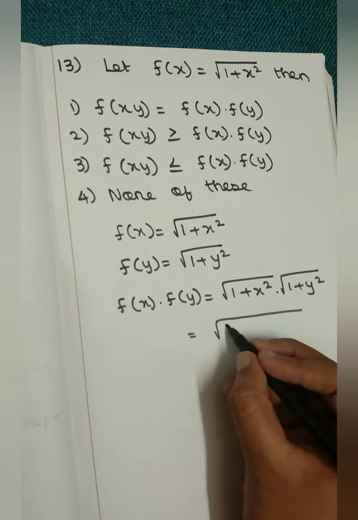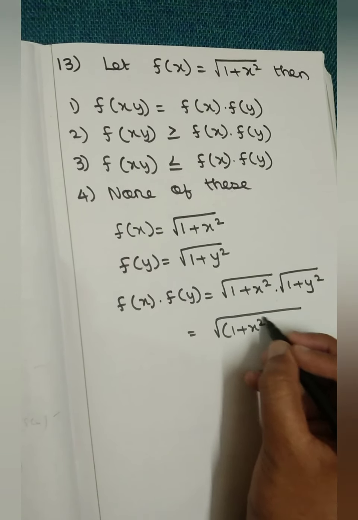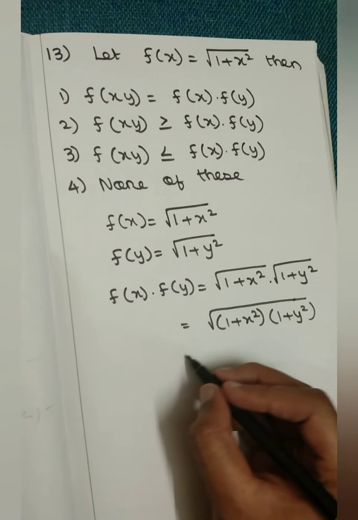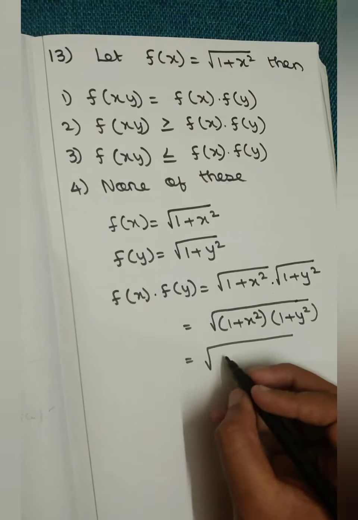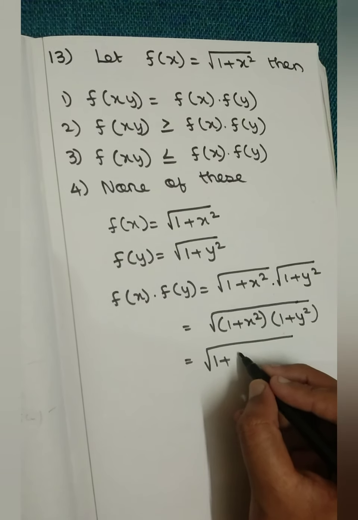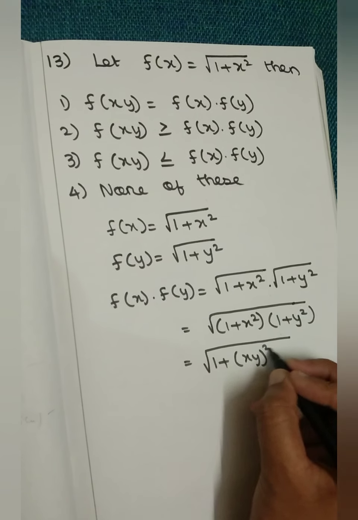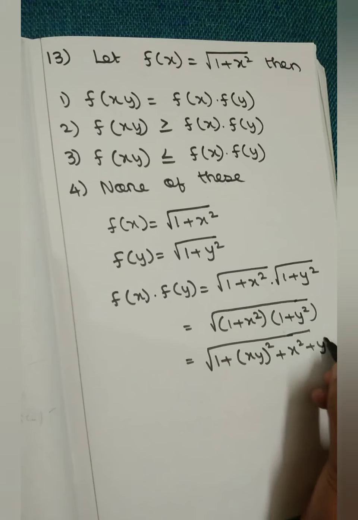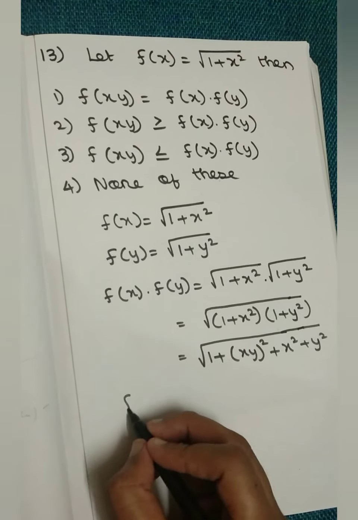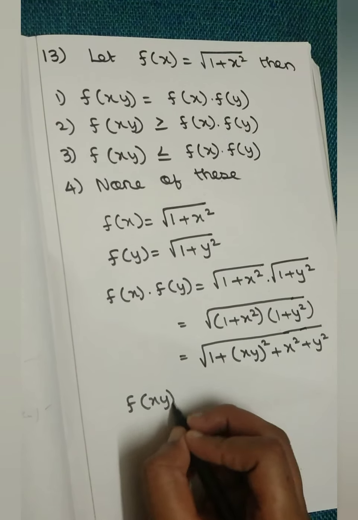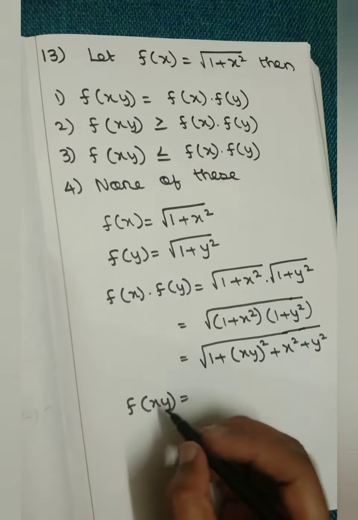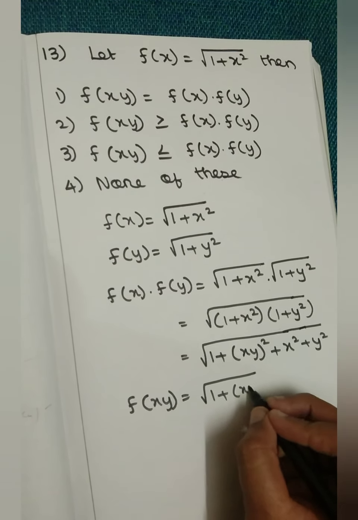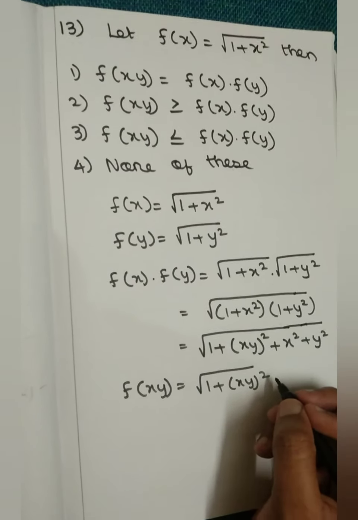It can be written as root of 1 plus x square into 1 plus y square. If you multiply, I will get root of 1 plus xy the whole square plus x square plus y square. Then for f of xy, instead of x I am going to replace xy, so I will get root of 1 plus xy the whole square.